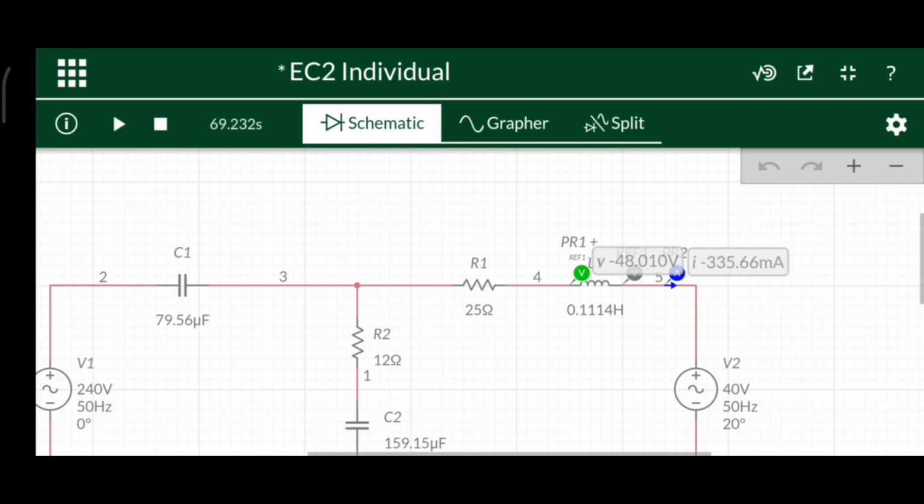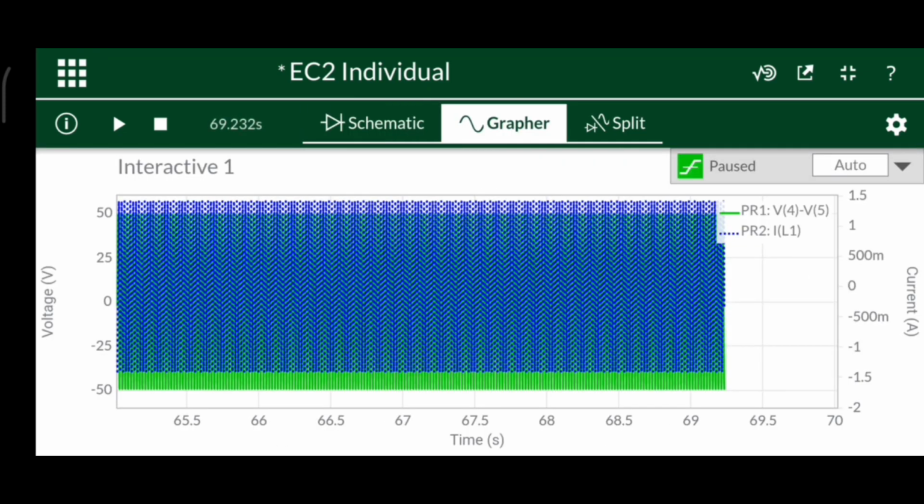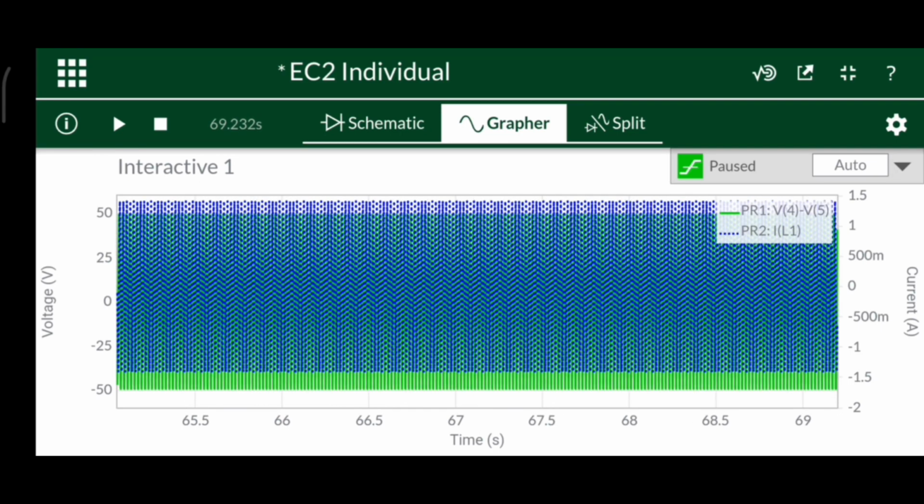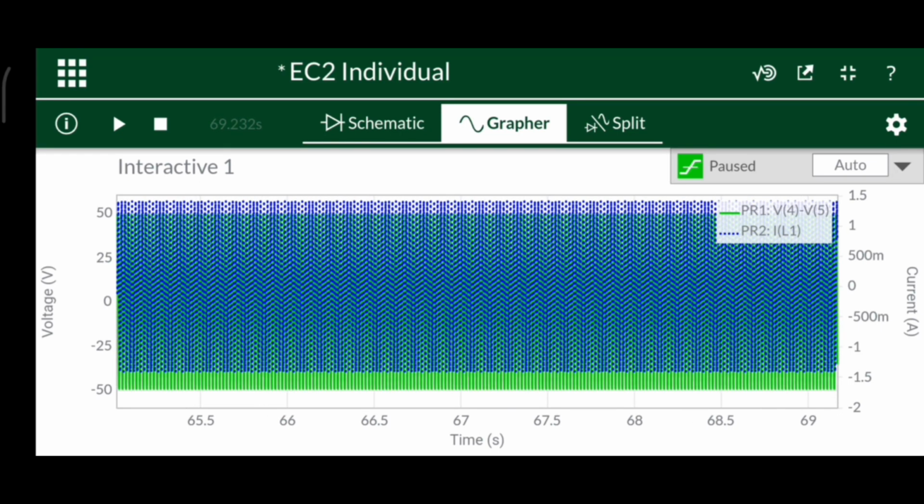Okay, so the next step, when we want to collect or read the data, we change the display into the grapher display. Here, as we can see, it is the sinusoidal data of the current and voltage across the inductor.